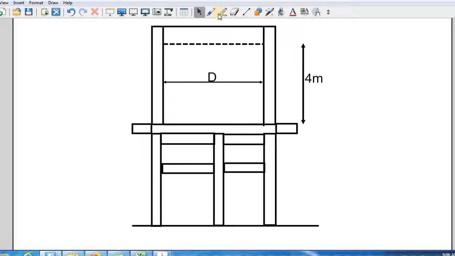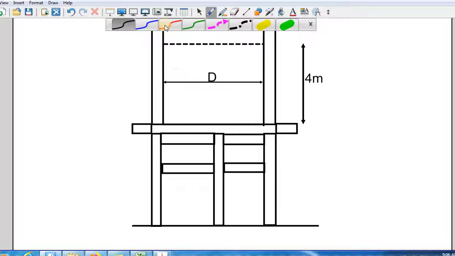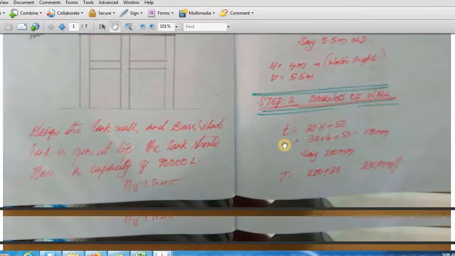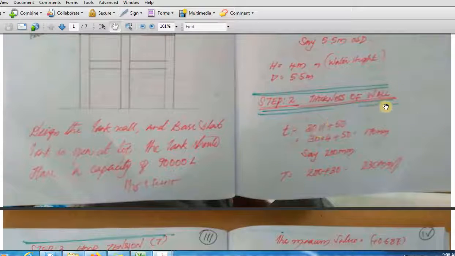We need to find out the thickness of the tank, this T. We should start with this one. So step number 2, thickness of the wall.